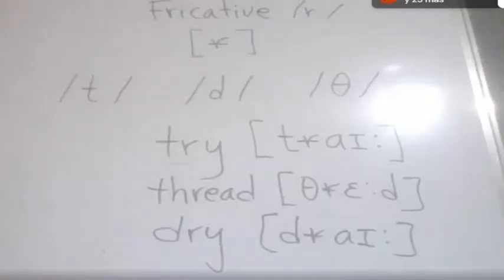Professor, just to make sure myself, there is no aspiration in try, right? No, no aspiration. Remember, and that's a good question, I think I forgot to mention that I just said syllable or word initially before a stressed vowel.